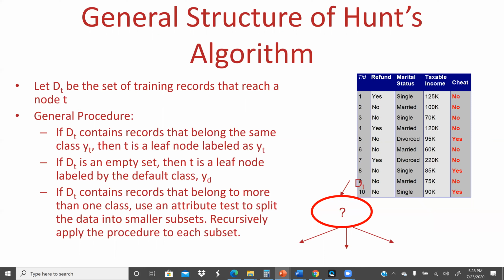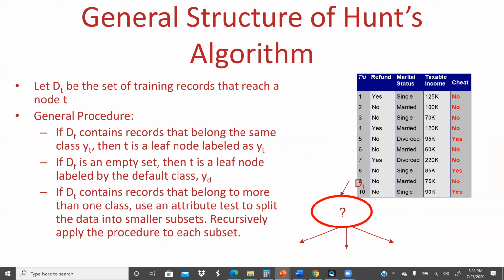Now, the general procedure here: if Dt, which is the data set with the records, contains records that belong to the same class yt, so if all the records belong to the same class, then we have a leaf node labeled as yt. So that's the first step.